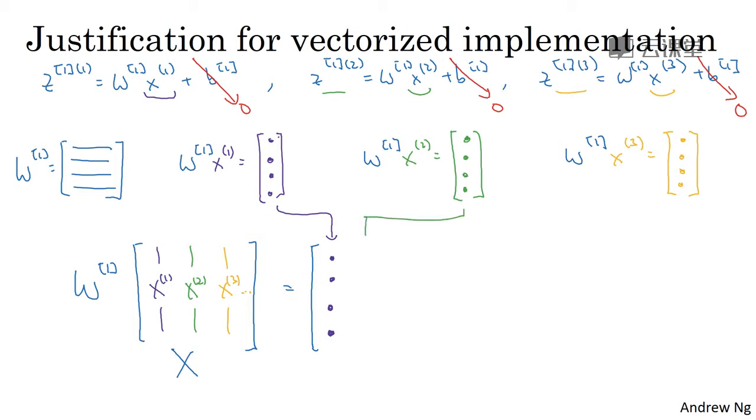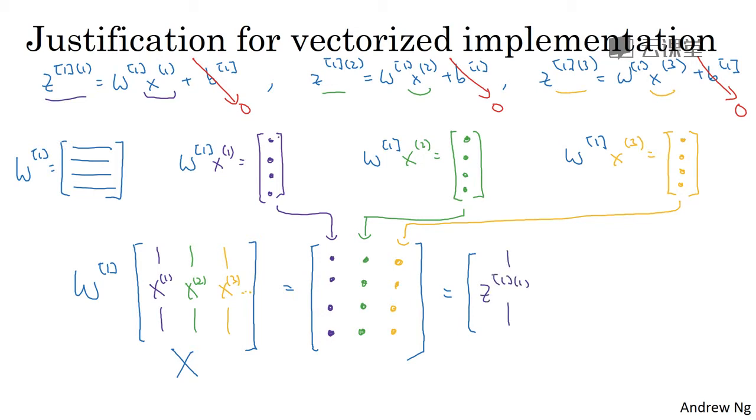The second column will be those same 4 values, and the third column will be those orange values, whatever they turn out to be. But of course, this is just equal to z11 expressed as a column vector, followed by z12 expressed as a column vector, followed by z13 also expressed as a column vector. And this is if you have 3 training examples. If you have more examples, then there'll be more columns.